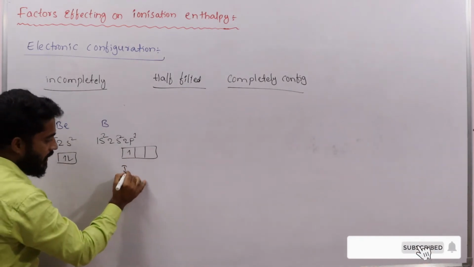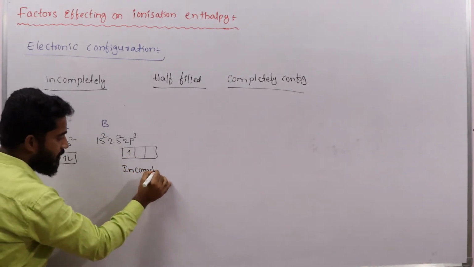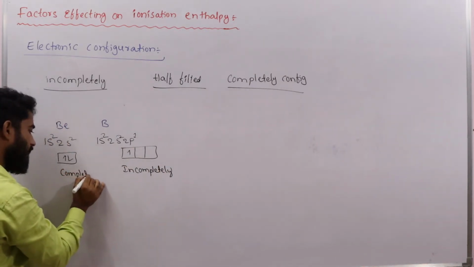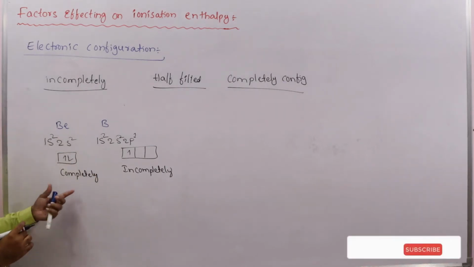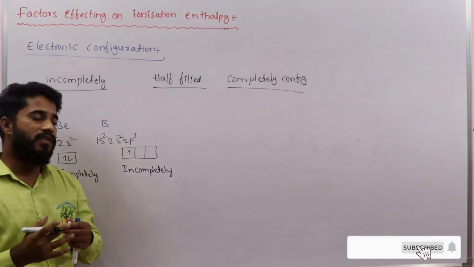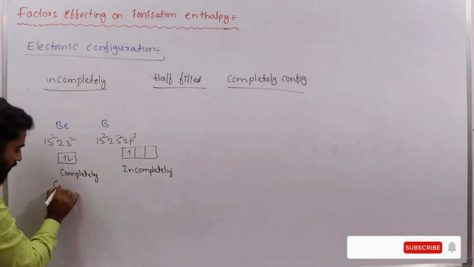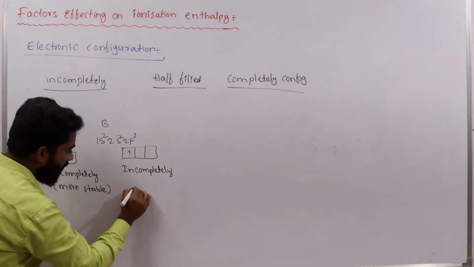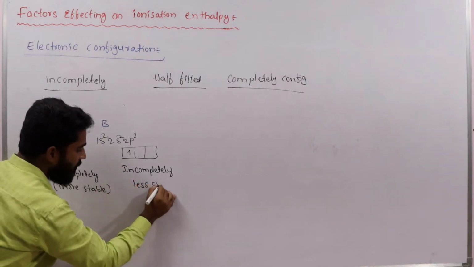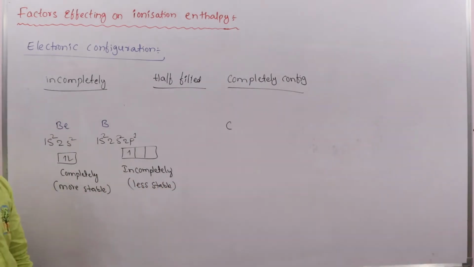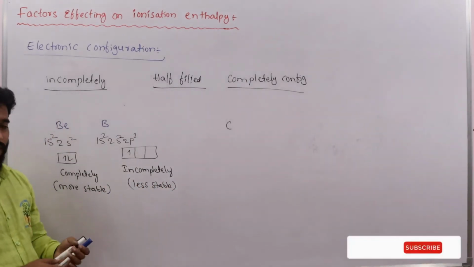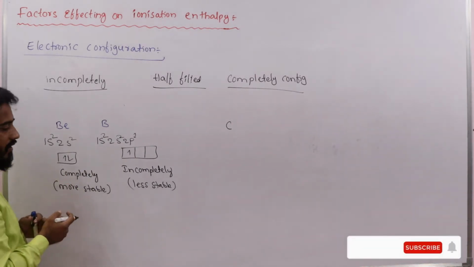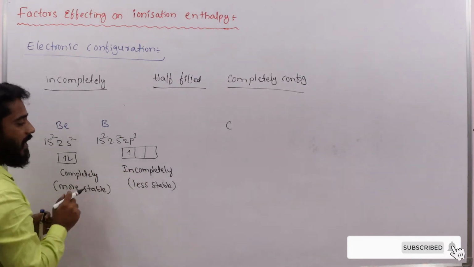This is an incompletely filled configuration, and beryllium's is completely filled. We know that a completely filled configuration is always more stable, so an incompletely filled configuration is less stable. To remove an electron from a completely filled configuration, more energy is required compared to an incompletely filled configuration.